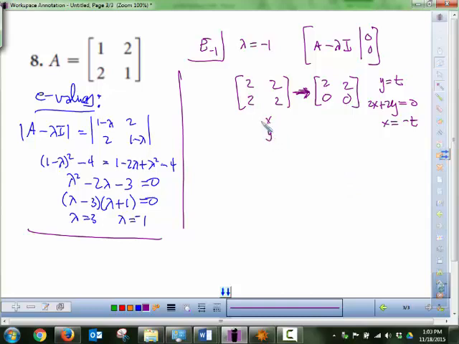If we write this by factoring out a t, your x is going to have a negative 1, and your y is going to be just positive 1, and that is your first eigenvector. That's the eigenvector associated with negative 1.